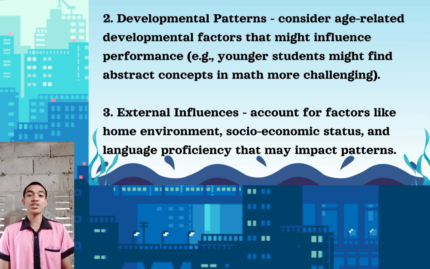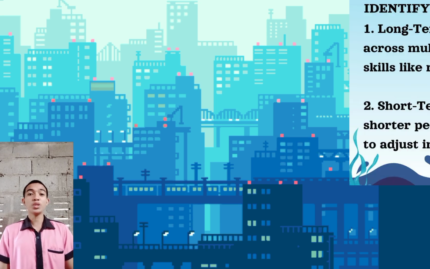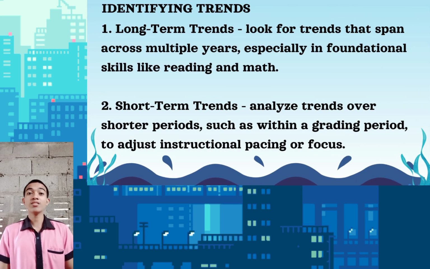Next is the external influences. You have to account for factors like home environment, socio-economic status, and language proficiency that may impact patterns. Furthermore, in identifying the trends, there are two types of trends: long-term trends and short-term trends.